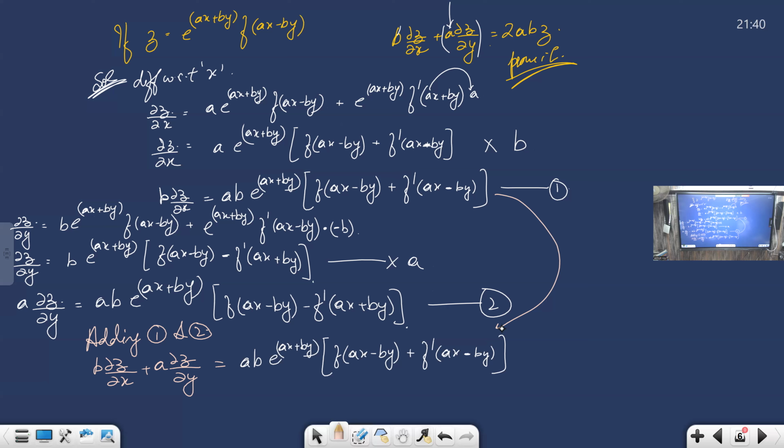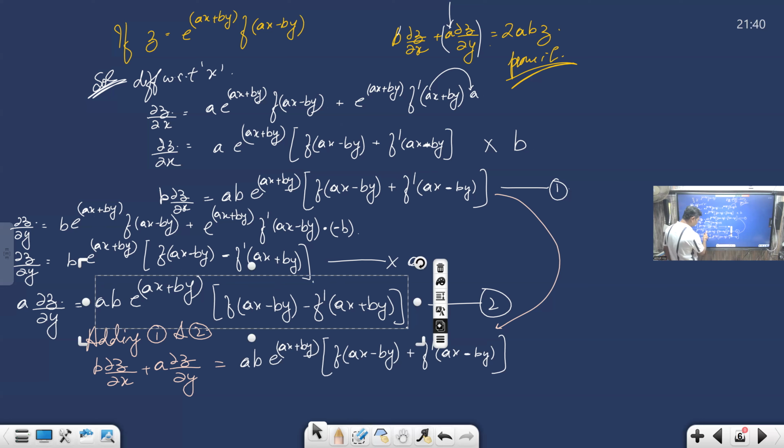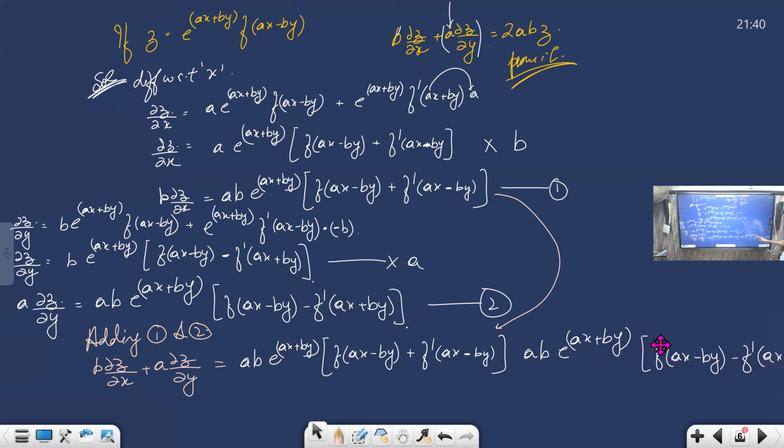And where is my 2? So this is my 2. And in between you have got a minus sign. Is it? No, sir. Plus sign. Yes, definitely it has got a minus sign. Which one am I taking?